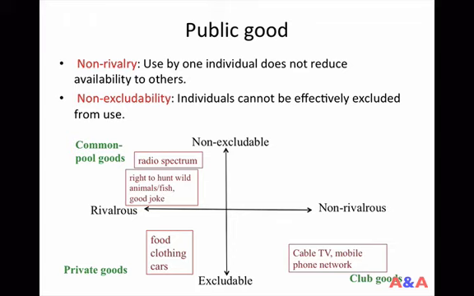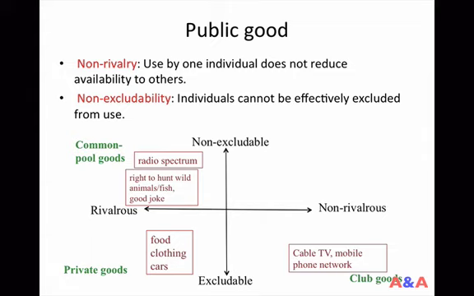It is not rivalrous at all. And computer software is excludable. You can say this software can be installed into only 2 computers, for example. So it is excludable. Goods and services that are non-rivalrous and excludable are sometimes called club goods.